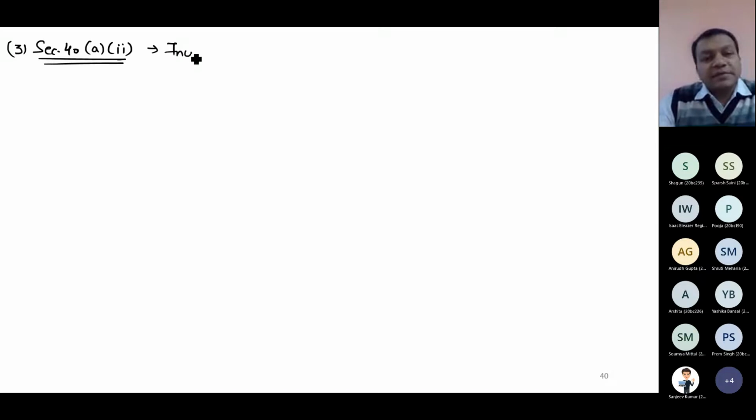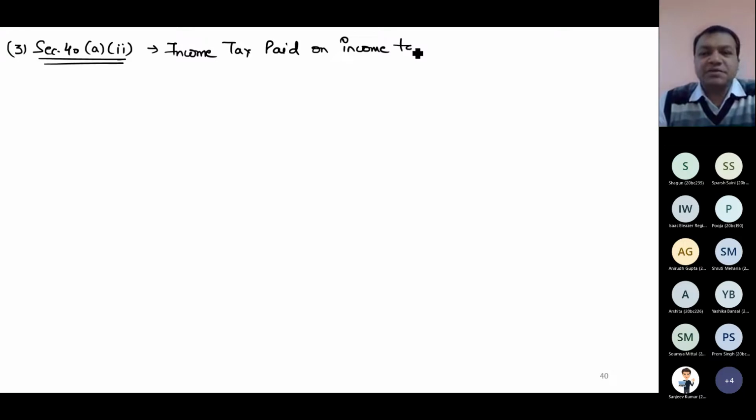Any income tax paid on income taxable under the head PGBP.